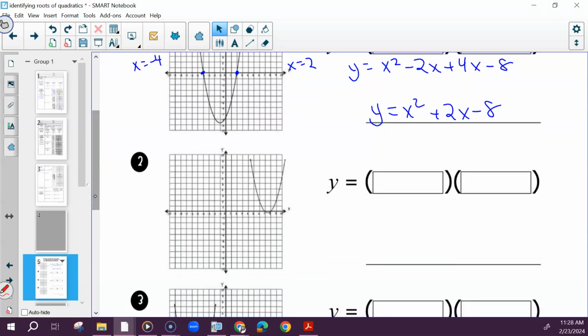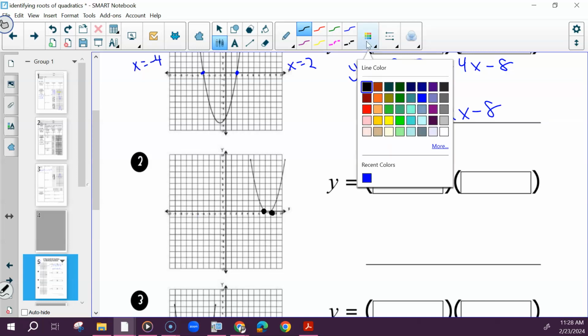What are the intercepts of number 2? 7 and 8.